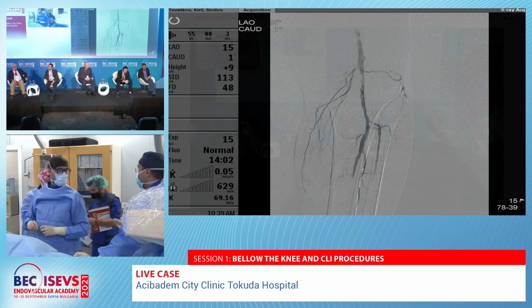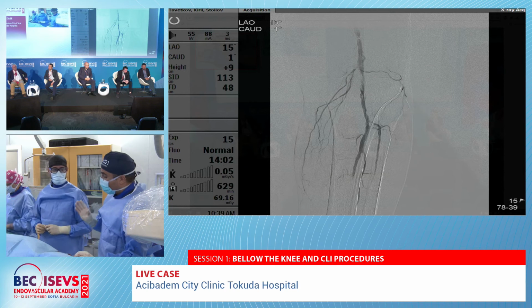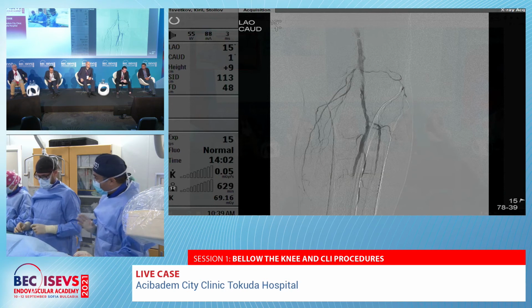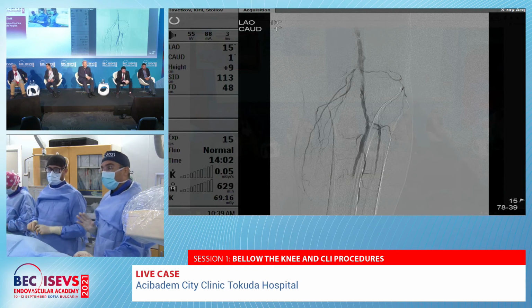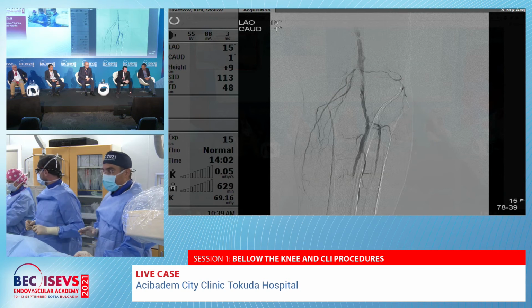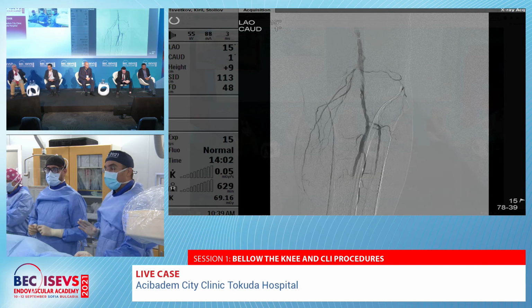So you have to keep in mind this is a lesion that has undergone an endarterectomy. That means there is no calcification at that level. Oh, okay. That's the point. Okay. So I will use the chocolate. That region had undergone an endarterectomy? Exactly. Oh, okay. I missed that. So that means there is no calcification at that level.